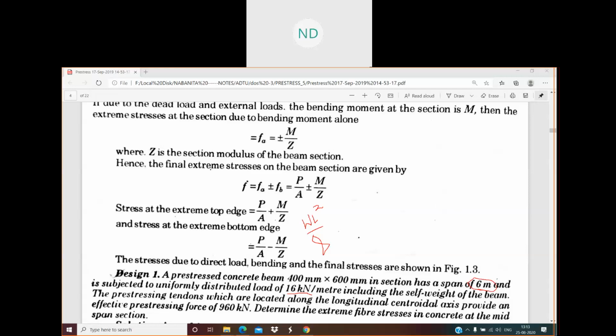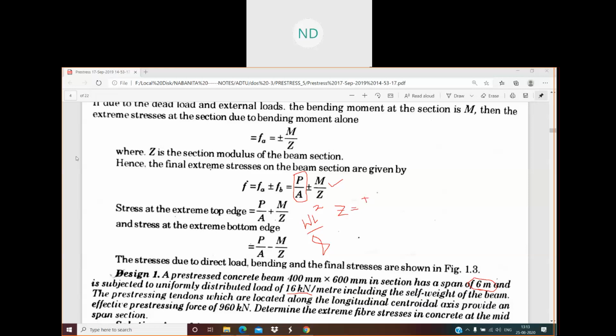Now we know P by A, area. We already calculated P by A, the direct stress, which we can easily calculate. We know the pre-stressing force also. Now the moment we have calculated, Jale has already told you, 72 kilonewton meter. The section modulus, you know what is section modulus already. Z is equal to I by Y, is it or not?